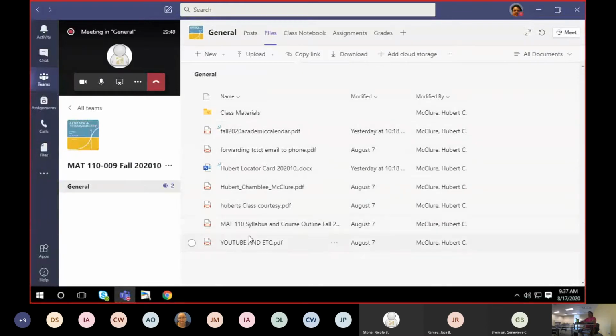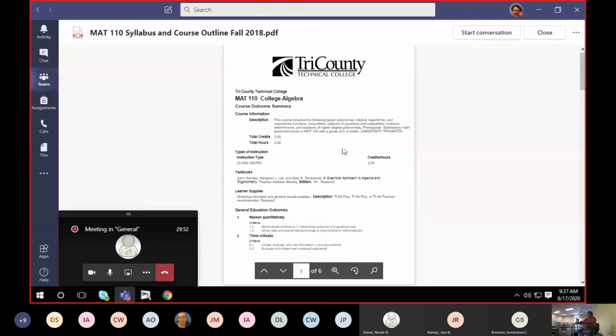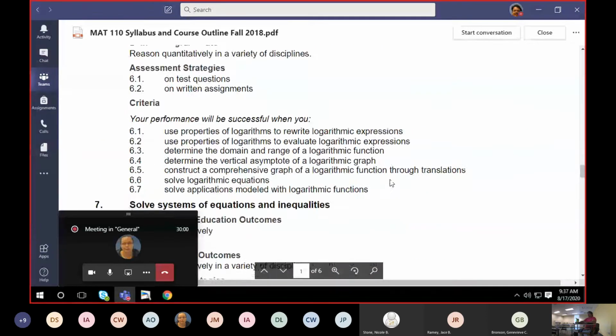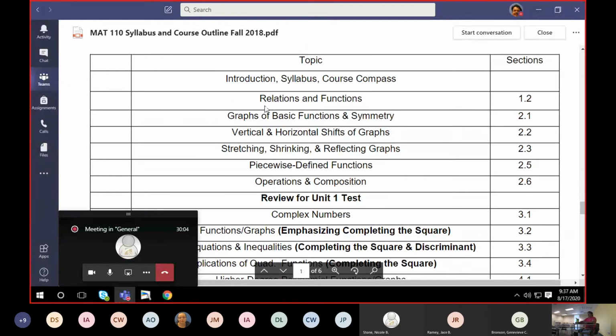Next, the syllabus. The only page that you need to worry about is the last page. And there's the outline. You need to be working on 1.2 and the introduction.